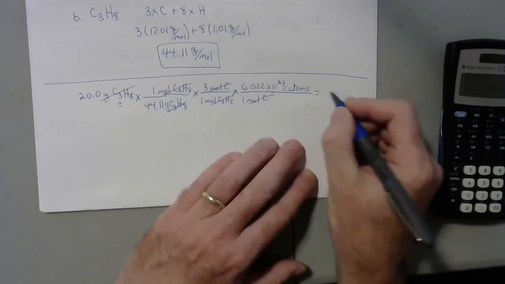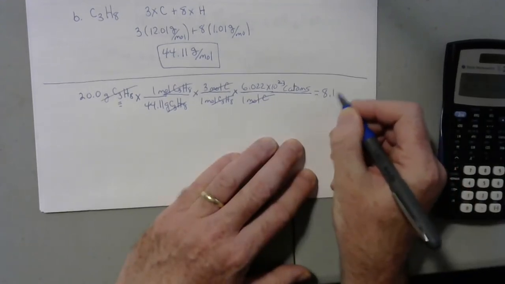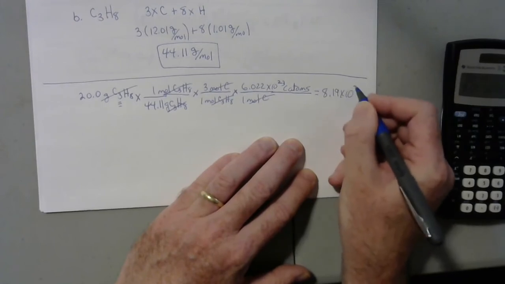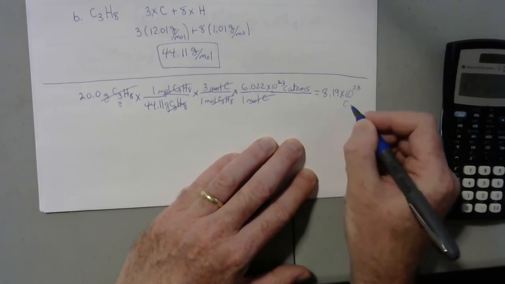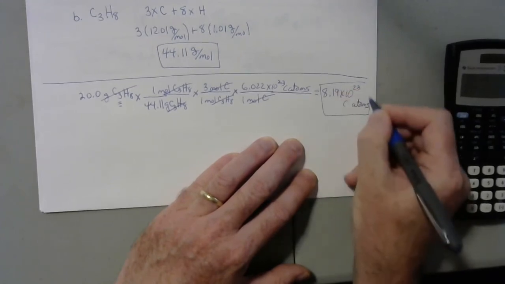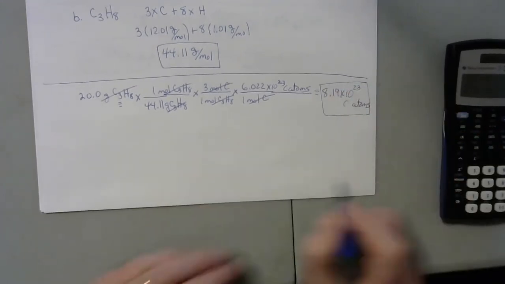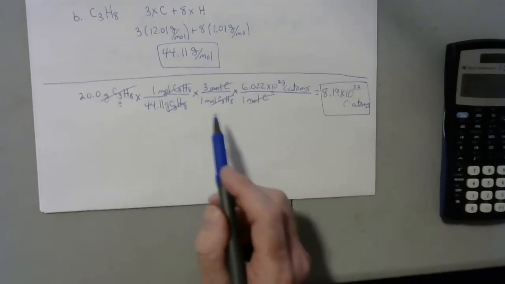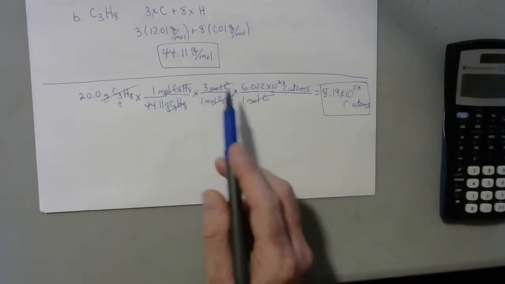And we get 8.19 times 10 to the 23rd carbon atoms. And that would be our answer. But we had to account for the fact there were 3 carbon atoms for 1 propane.